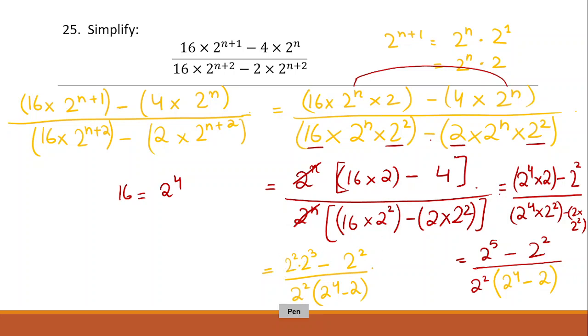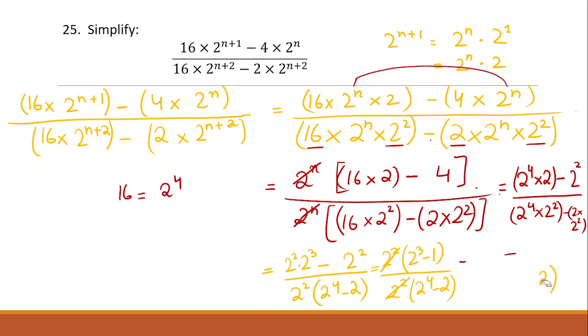So we can write it out like this: 2 to the power 2 times (2 to the power 3 minus 1), divided by 2 to the power 2 times (2 to the power 4 minus 2). So this will be cancelled, and we will just be left with 2 to the power 3 minus 1 divided by 2 to the power 4 minus 2.